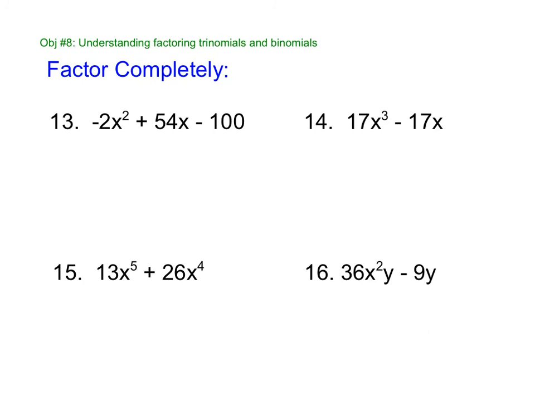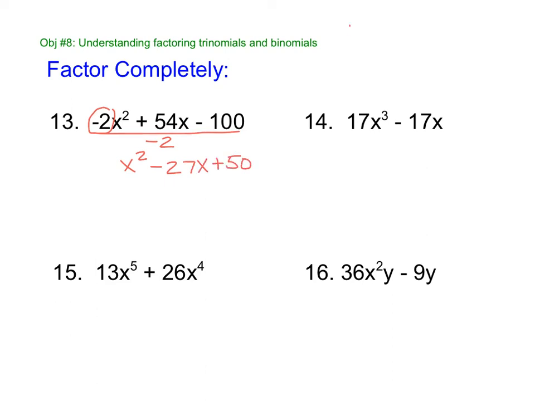All right, last slide. 4 more problems. Number 16 is hard. That's for my A plus students. Do your best with it, but it is a little tricky, okay? So number 13, we have a GCF of -2. Typically, you want to check what's in front of x squared. X squared minus 27x plus 50.